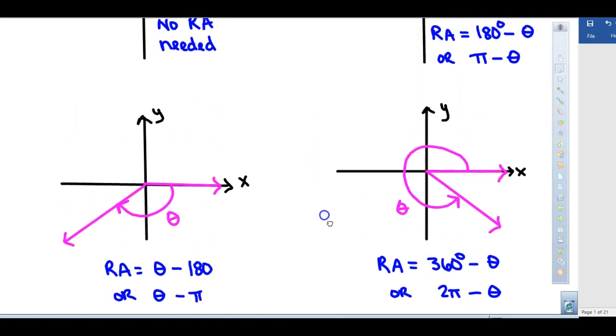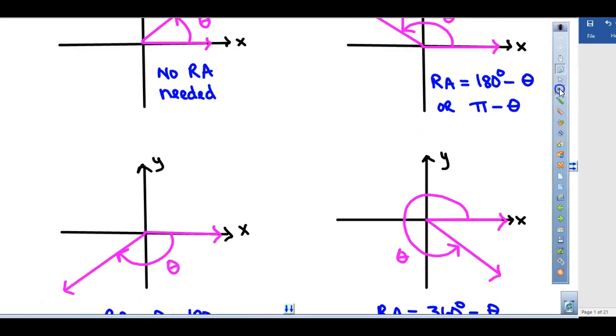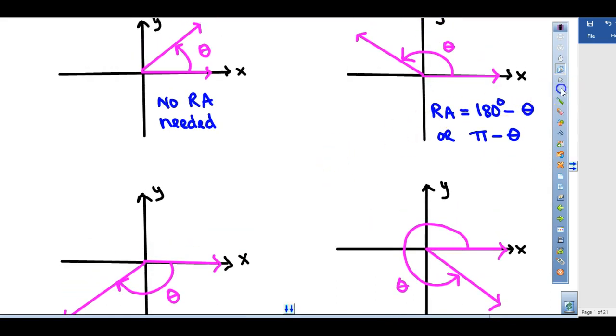Now, you can memorize those formulas if you want to, but really what I like to do is just think about it. A reference angle is just how close are you to the x-axis. Suppose here that theta was 135. Well, to get to my x-axis, I would have to go 45 degrees more.